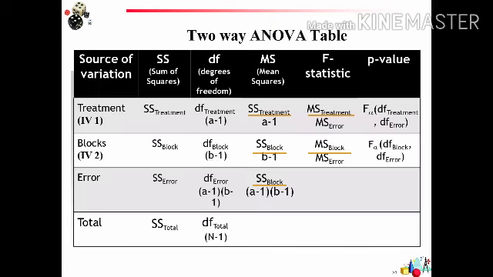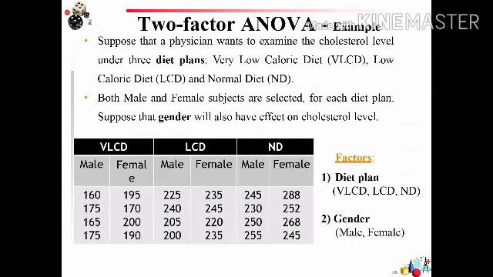This is the table of two-way ANOVA, and here you can see the sources of variation: treatment, block and error, and the corresponding sum of squares, degrees of freedom, mean sum of squares, F statistic and p-value. Based on the p-value we decide whether to reject or accept the null hypothesis.